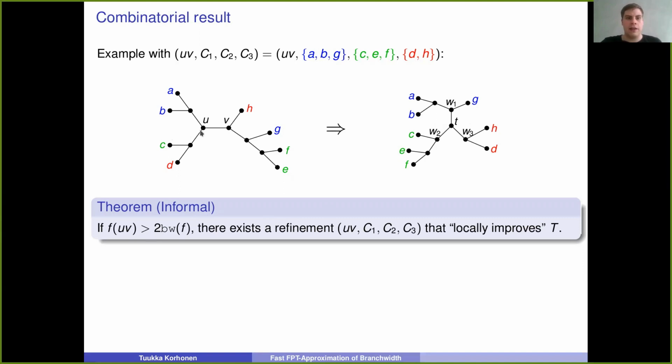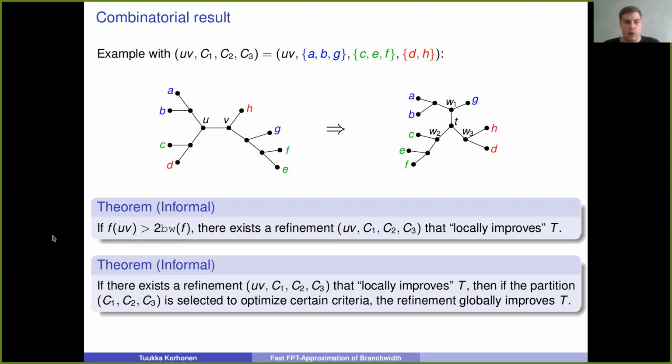So here we have this heavy edge at the center, and after refinement at the center we get rid of all heavy edges. But this doesn't yet tell us that this operation is useful.